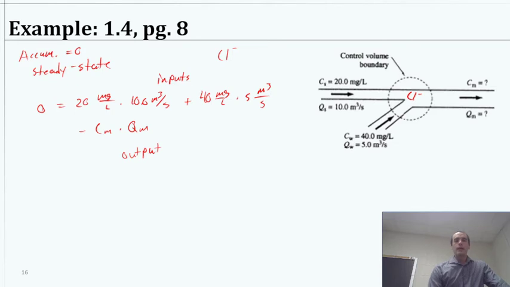Looking at it this way, we notice that inputs have to equal the outputs because we're at steady state. The only things there are inputs and outputs, and they sum to 0. So we can say this 20 times 10, we'll go ahead and say that's 200. I'm just going to combine the two units for the moment, since once we solve the final problem, we'll be left with just concentration.